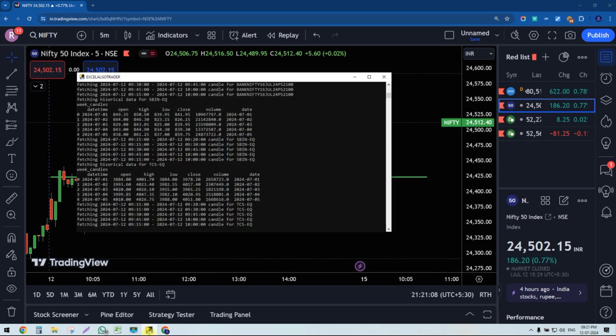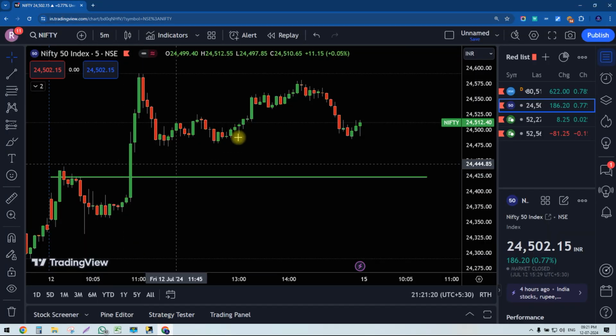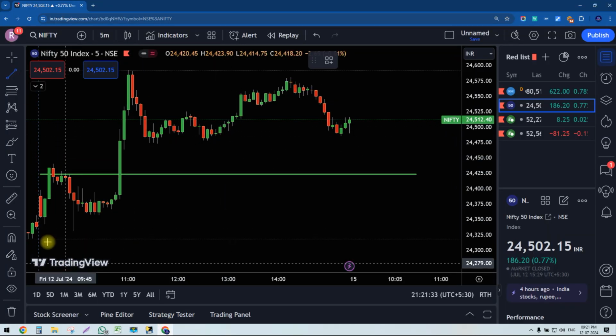Okay, next let's see our sell level today. Nifty 50 sell is generated from 24,331.